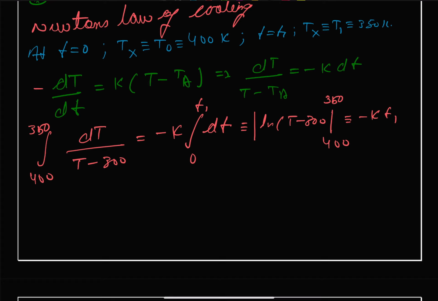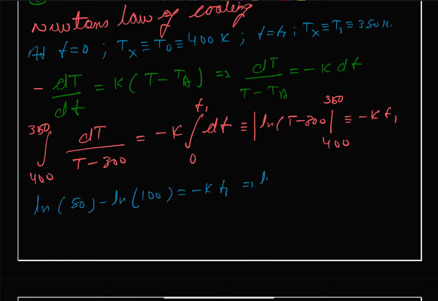Therefore we can just substitute the upper limit, which is 350, so this will be natural log of 50 minus natural log of 100 will be equal to minus K times T1.